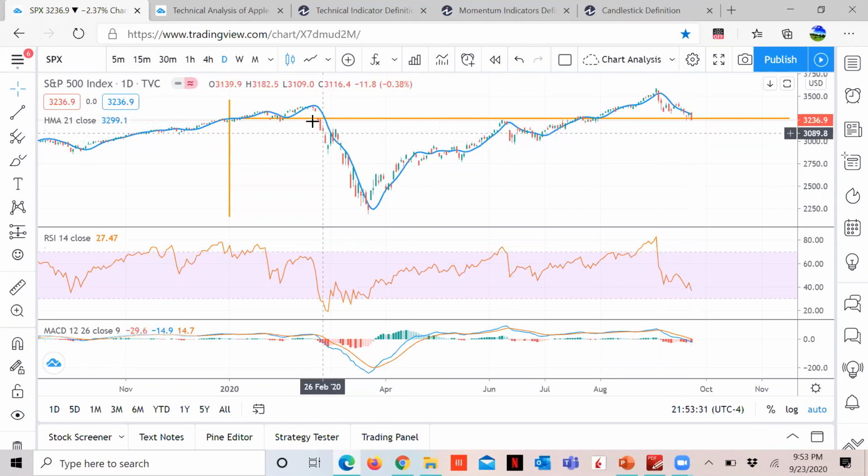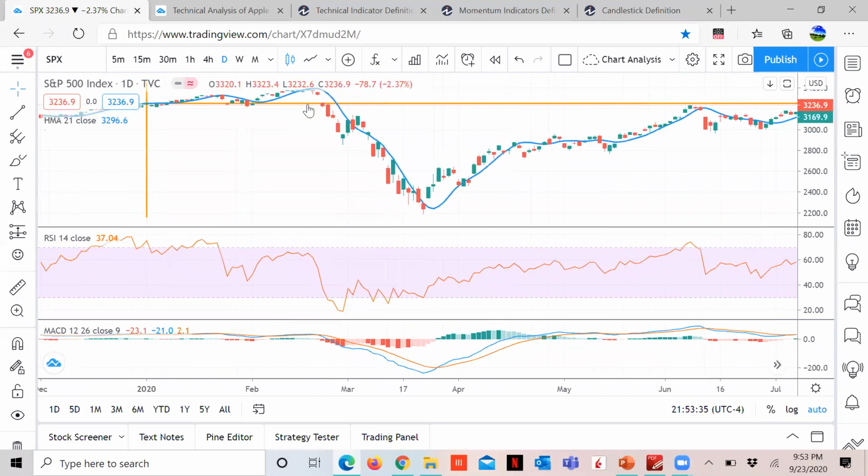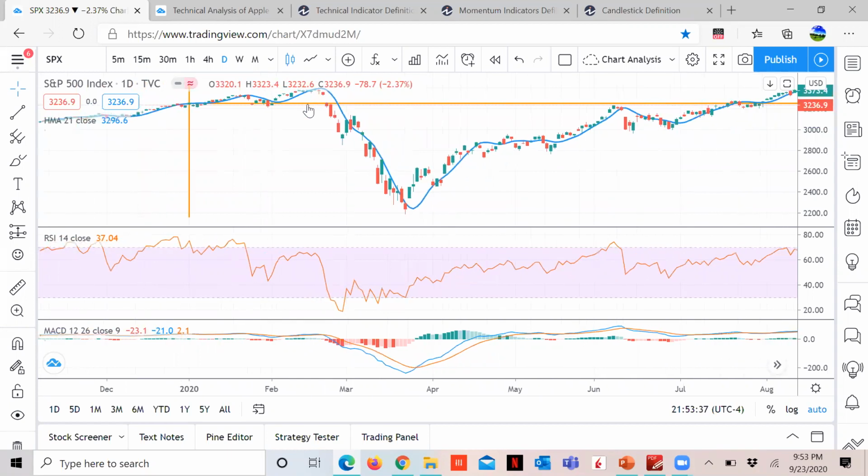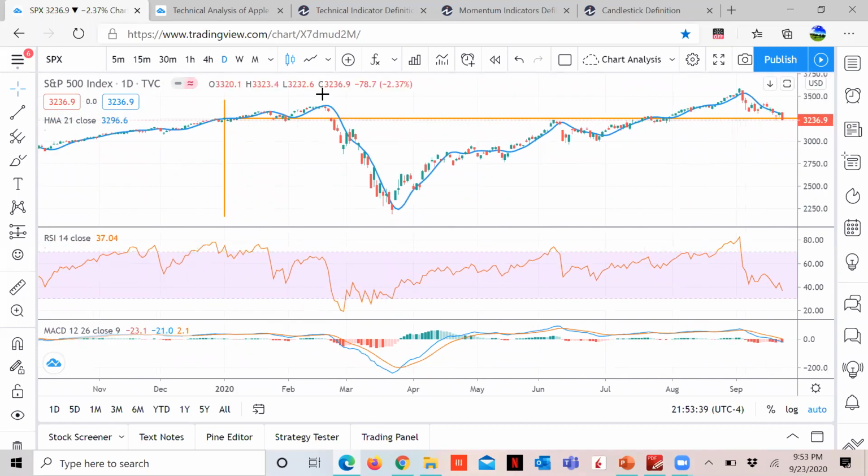But if he is smart enough to look at these indicators, sell before it slides down, buy here and sell it here, or buy here and sell it there, just to understand what the percentage is.